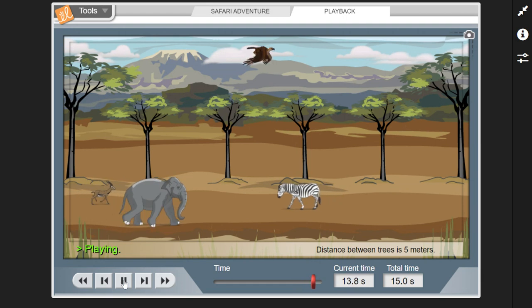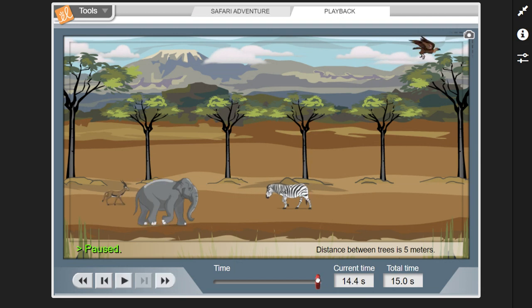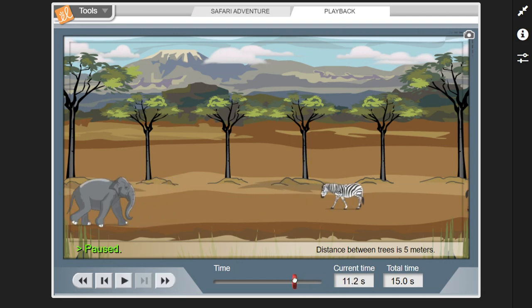So we go 5 meters, pretty close. So we'll go ahead and use 5 meters. And then the time that it took was 15 seconds. We started at 11.6.